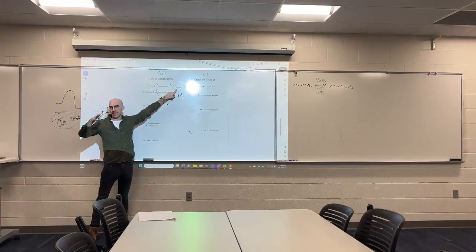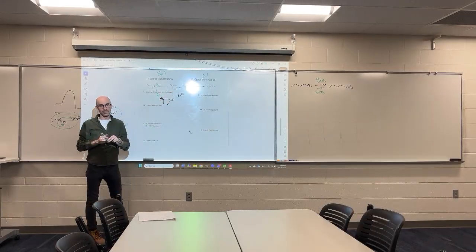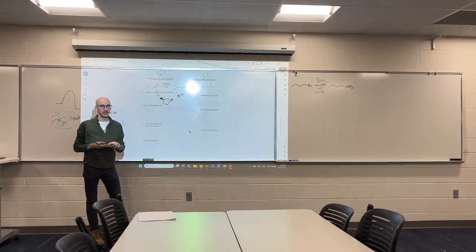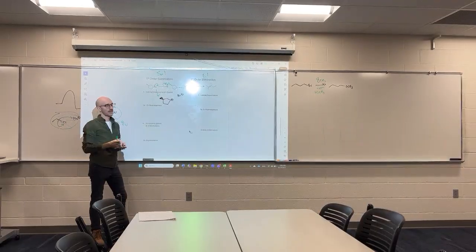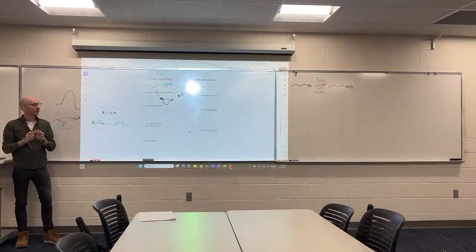That was my way of saying both wedged and dashed. This is not SN2, so it can't be a strong nucleophile. It needs to be a weak nucleophile. That's CH3OH. Weak nucleophile.